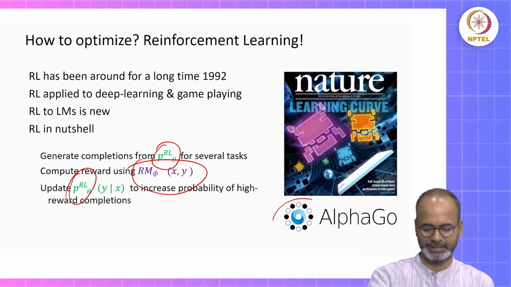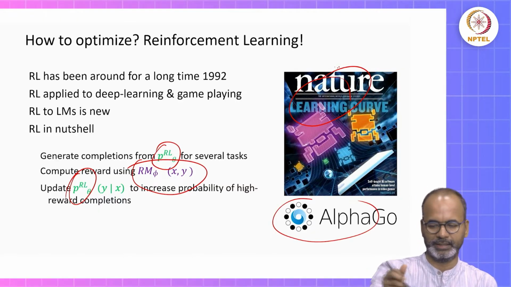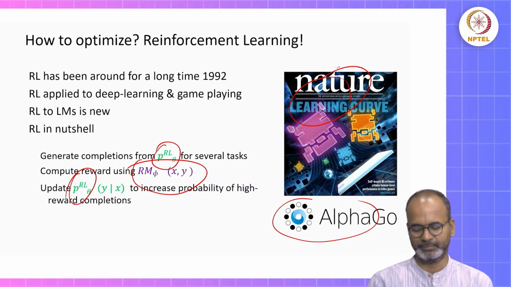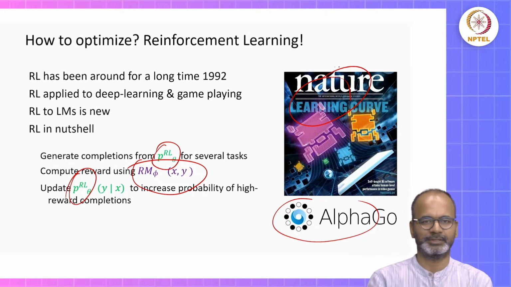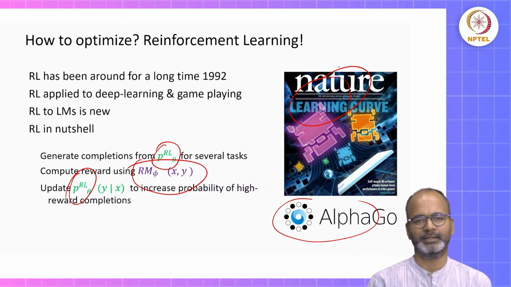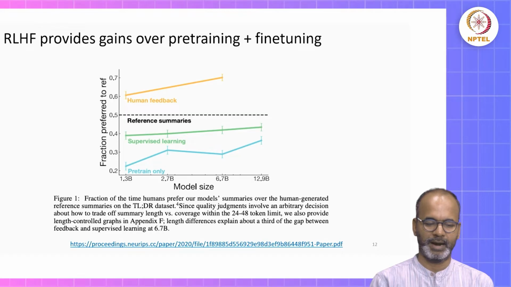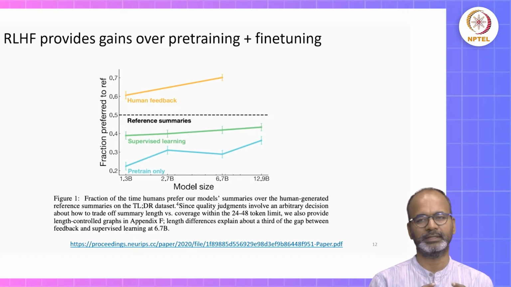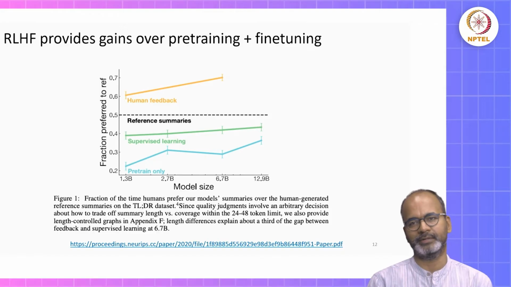I put here examples of where these are used, but the list is much longer in terms of where reinforcement learning is used. Our interest in this course is also to look at how these can be improved, what work has been done to improve RLHF, and what the problems are.